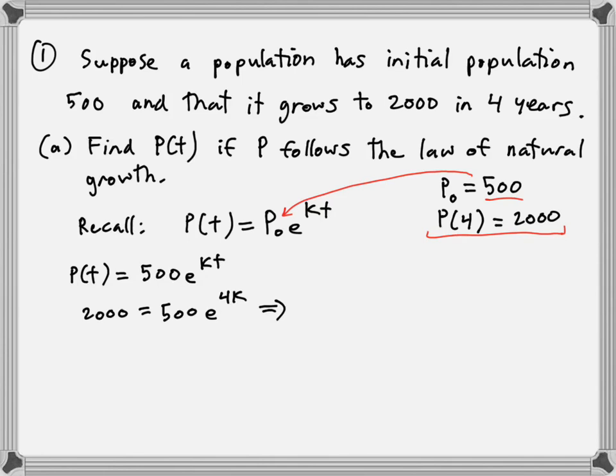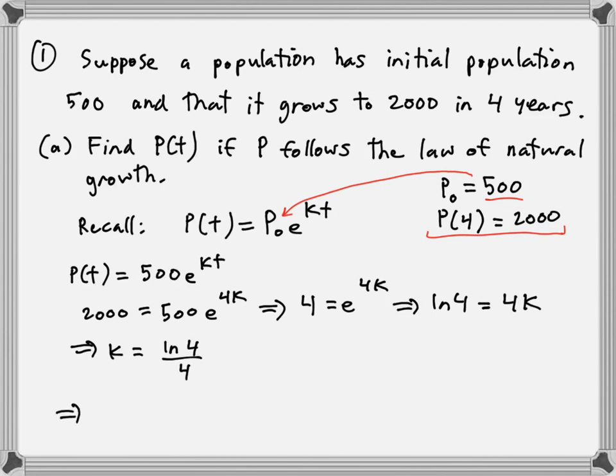So if we divide both sides by 500, we get 4 is equal to e to the 4k, or the natural log of 4 is equal to 4k, or k is equal to ln of 4 over 4.